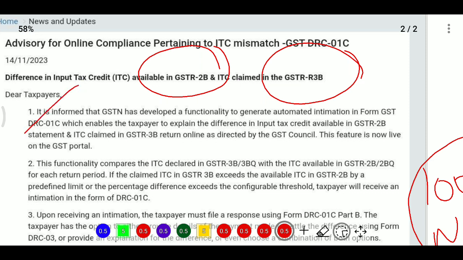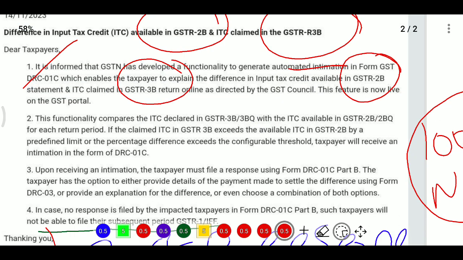It is informed that GST is generating some automated intimation, in the form of DRC 01C, which will explain the differences between GSTR2B and GSTR3B returns which you have filed in the respective month. So whatever differences there are will generate a DRC 01C form.